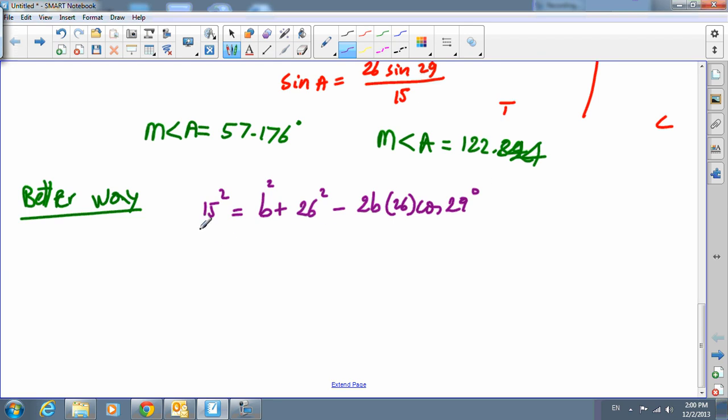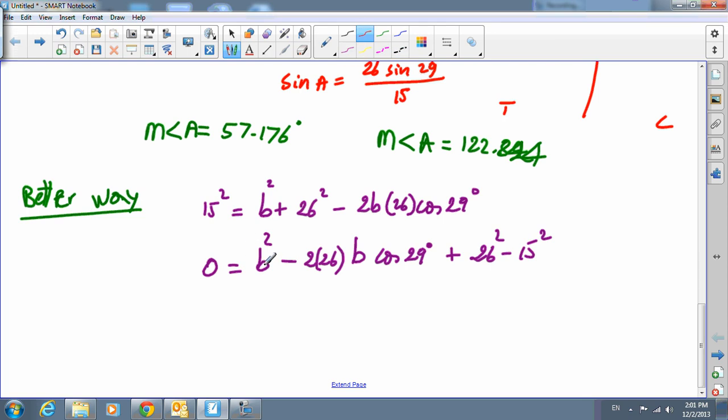If you simplify it and I move the 15 over here, I'll have 0 is equal to b squared, minus 2 times 26 times b cosine of 29 degrees, and at the end I will still have the plus 26 squared and minus the 15 squared.